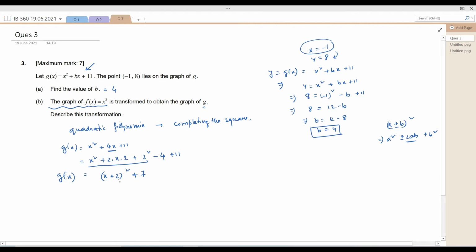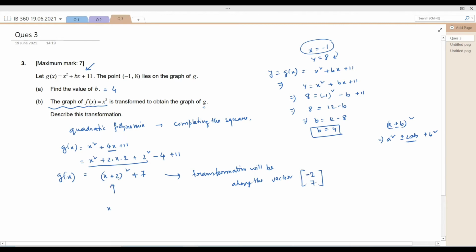So the transformation will be a translation along the vector (-2, 7). Basically, how do you get minus 2?